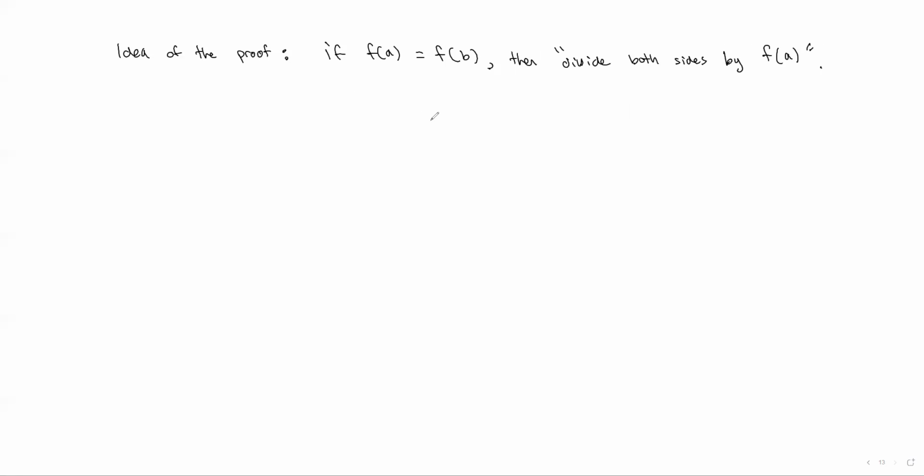So I'll divide on, let's say, the left, but the right also works.